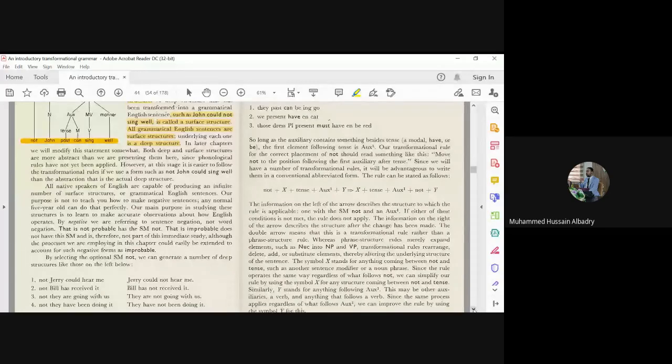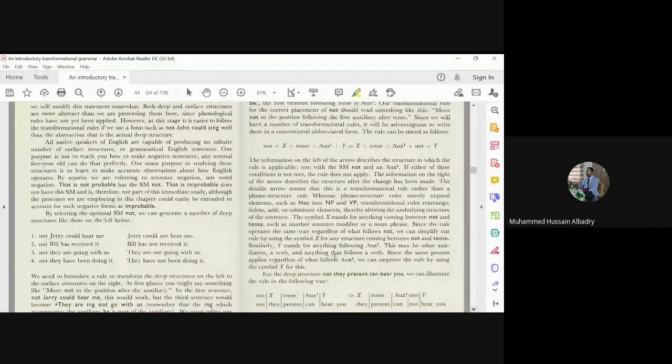شوف هنا عندك examples. يقول لك هنا تستعمل sentence modifier not، we can generate a number of deep structures. كلهم deep structure. Not Jerry could hear me. Not Bill has received it. لأن احنا قلنا إنه not بالbeginning تصير بس بالdeep، هذا deep in your mind، abstract.